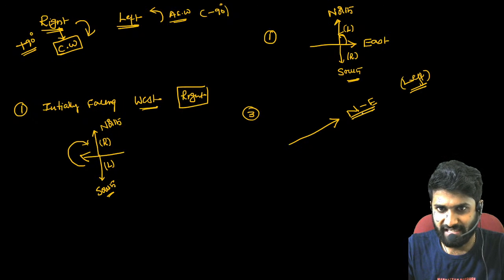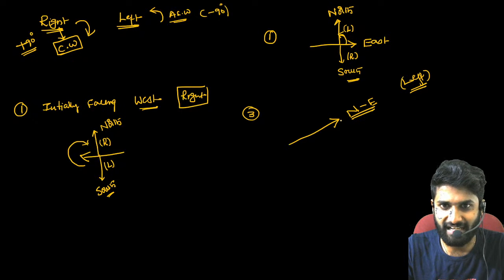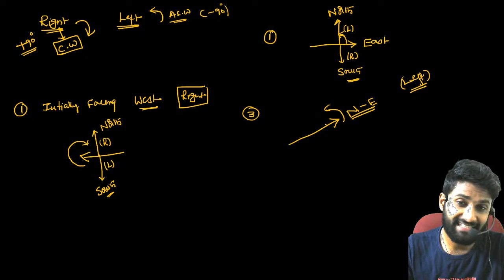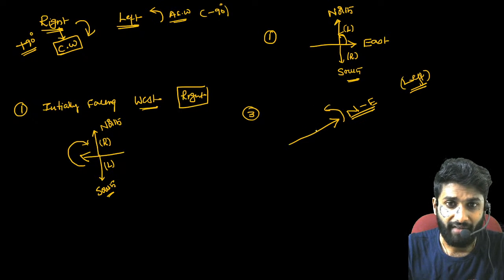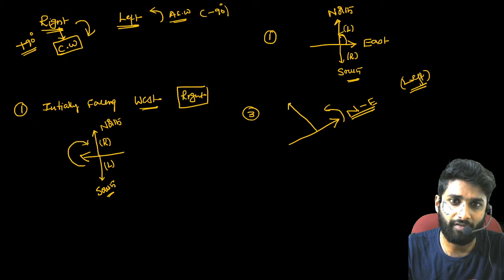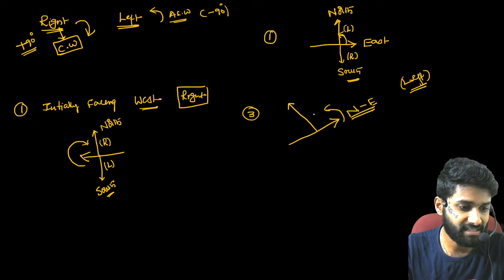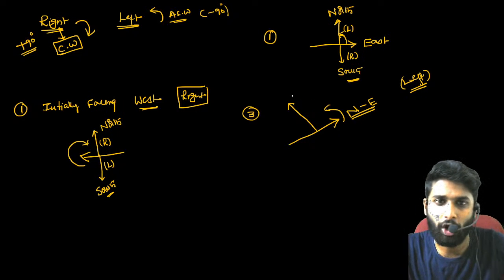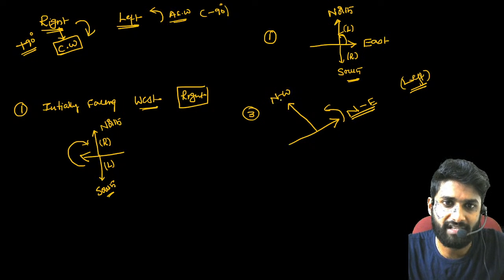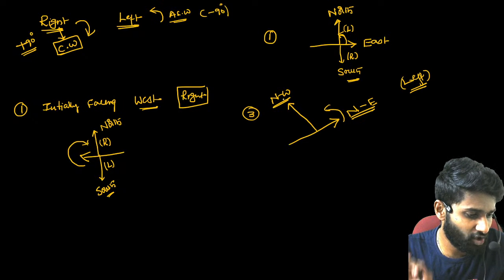A person was facing initially northeast. If he turns left side, which direction is he facing now? That is my question. If he turns left side, it means anti-clockwise. Most of the students consider north as the answer, but that is wrong. Why is north wrong? Because a corner always indicates a corner point. Then from northeast, northwest is the perfect answer. It's not north.